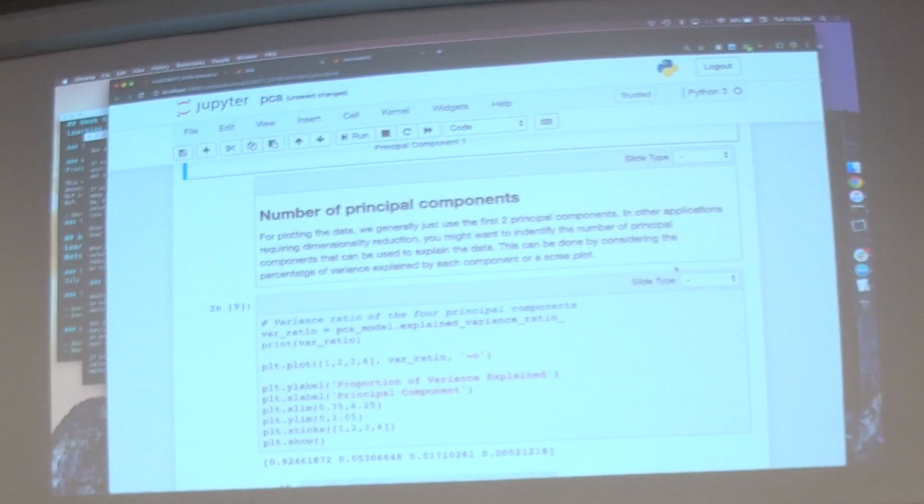So for looking at this data visually, two dimensions of our reduced data is very convenient. But if we're going to take this reduced data and feed it into an SVM, we'd have to know how many to include.